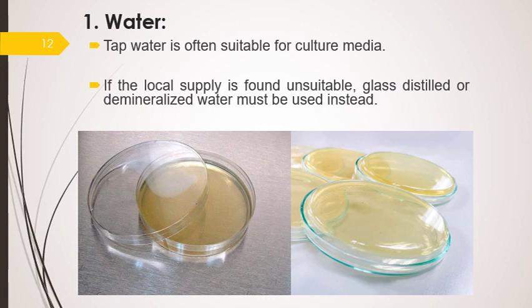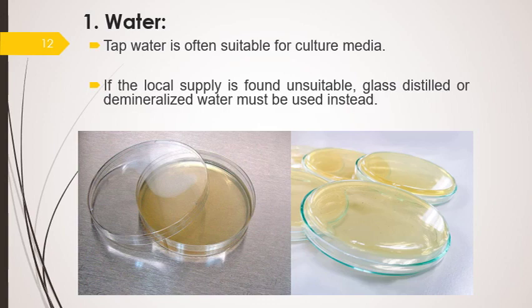So water is one of the major components of culture media. Basically we use water as a solvent, because different nutrients dissolve in this component. Basically tap water, if it has low mineral content, we use it for the preparation of culture media.